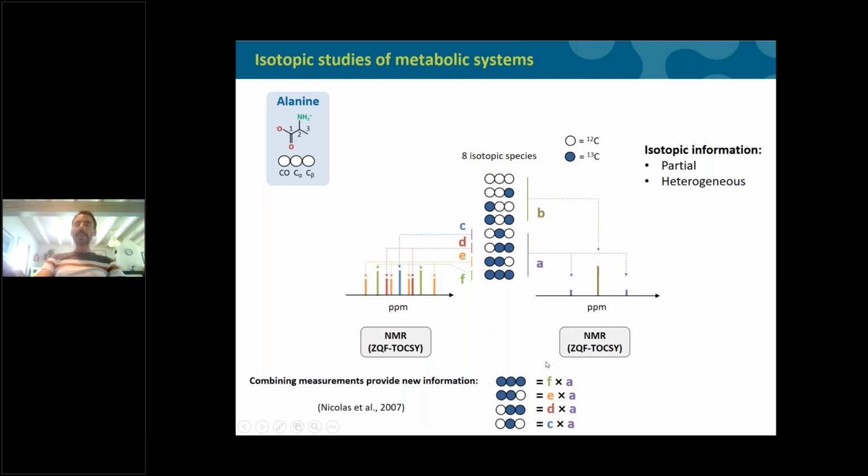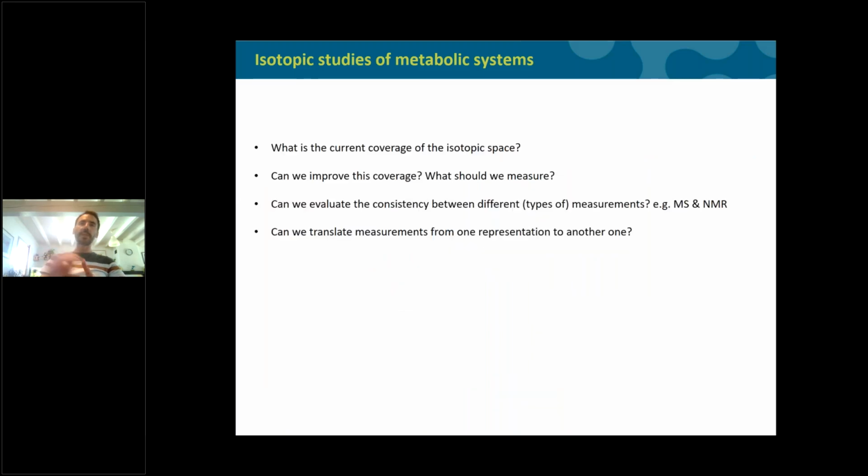But currently, there is a lack of informative tools to integrate this partial heterogeneous information. And one of the most basic questions that emerge is: what is the current coverage of the isotopic space? That is, what species can we really measure using the different sets of methods, LCMS, GCMS, and NMR, that have been developed?